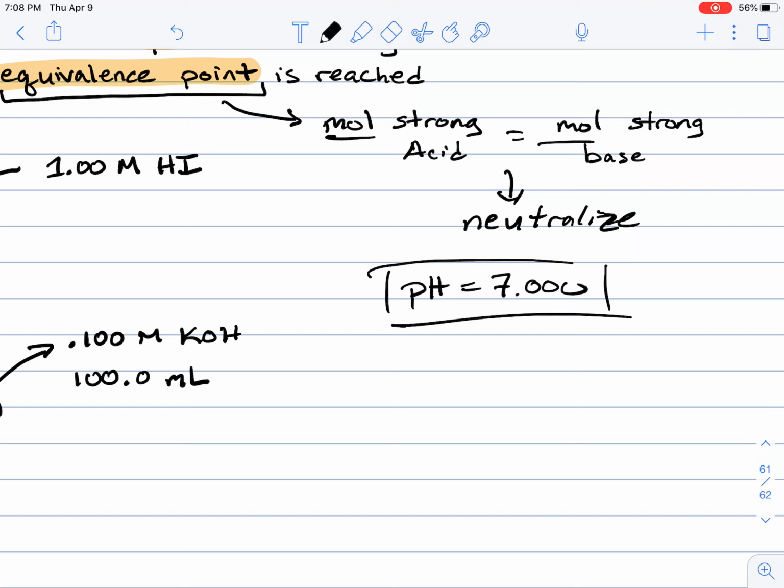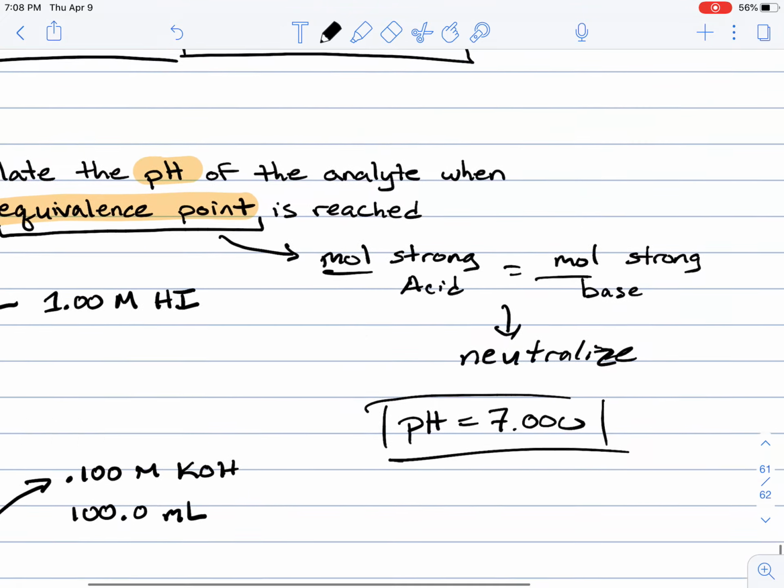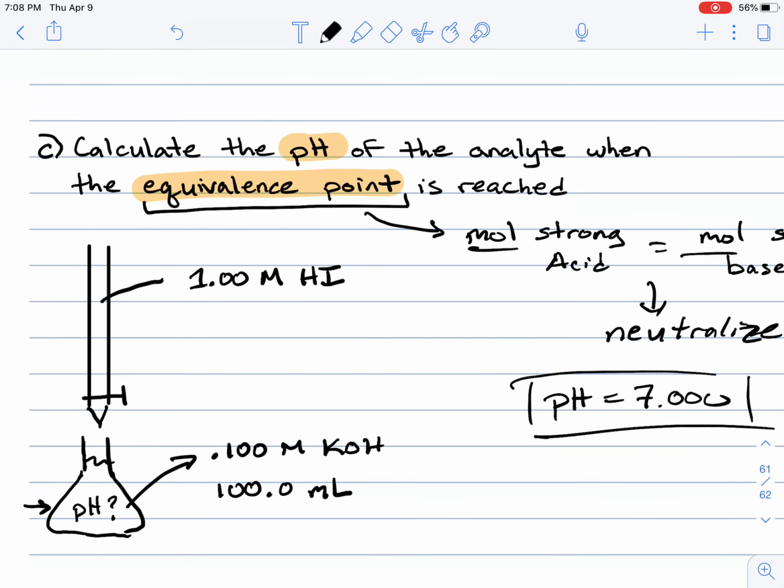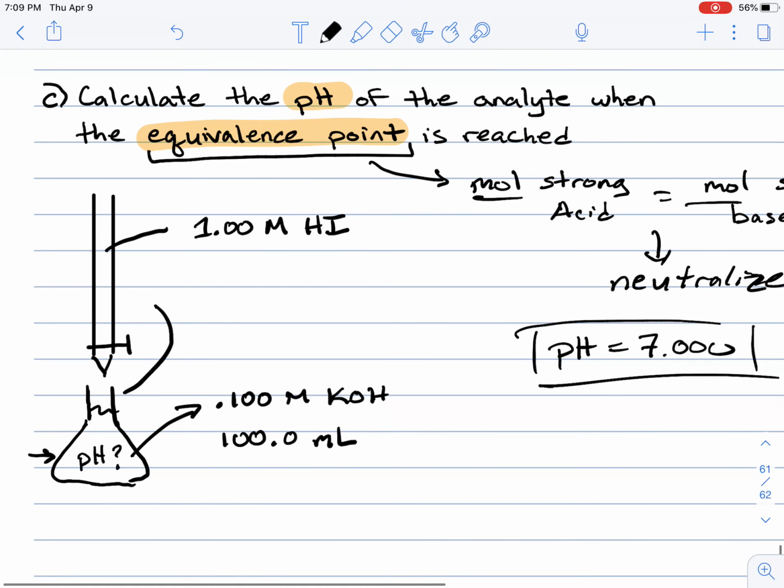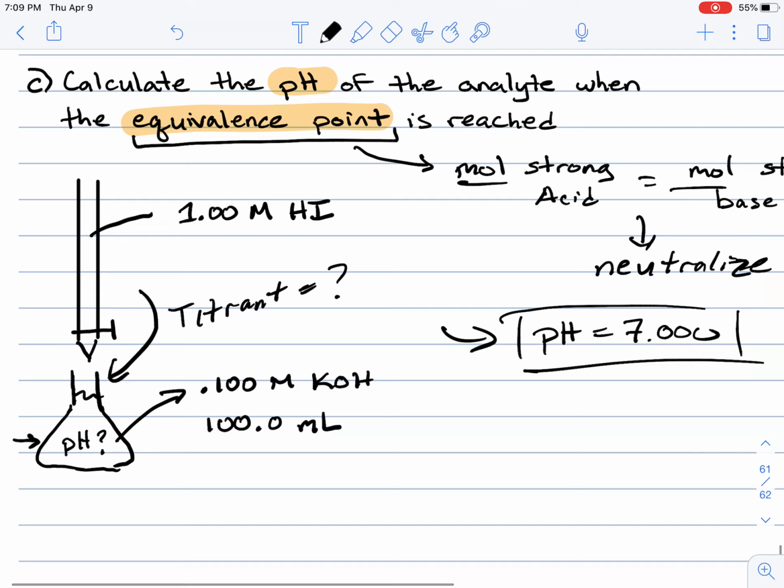And so here in this case, the pH is equal to 7 at the endpoint. Now this problem didn't tell us how much titrant do we need for us to reach an endpoint or equivalence point such that the pH is equal to 7.000?